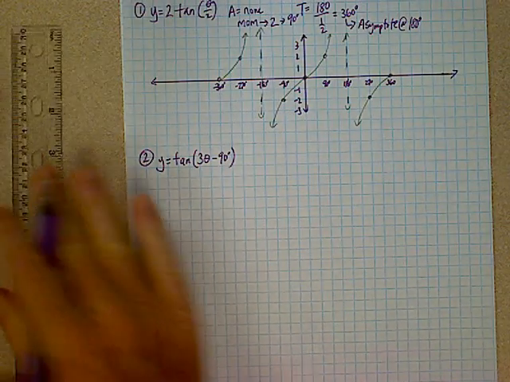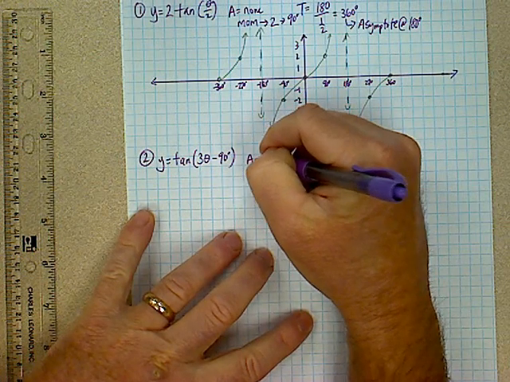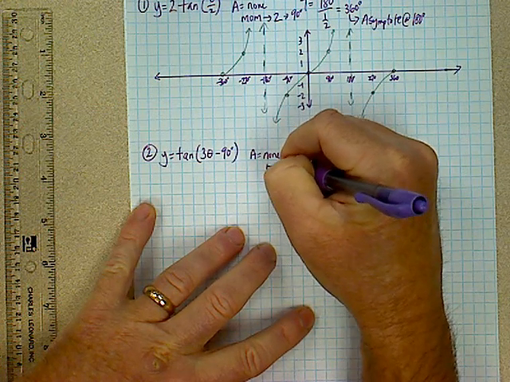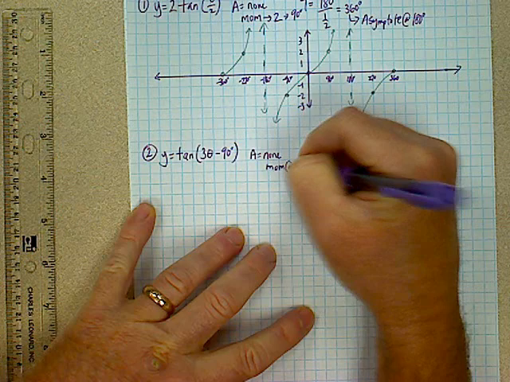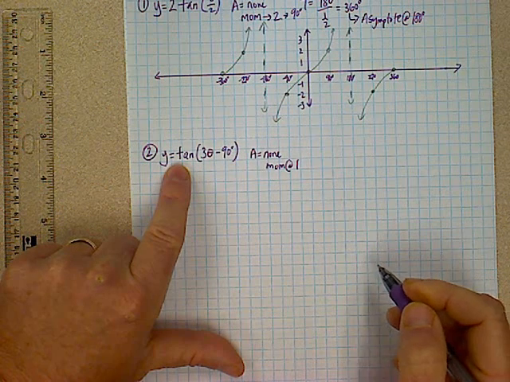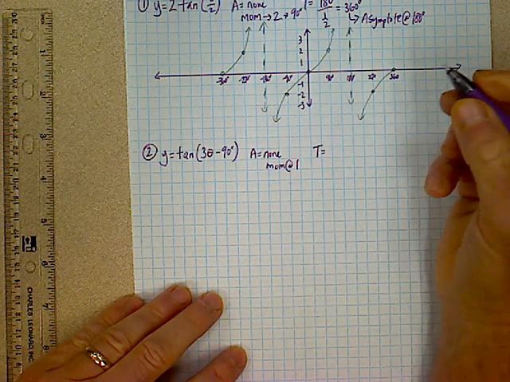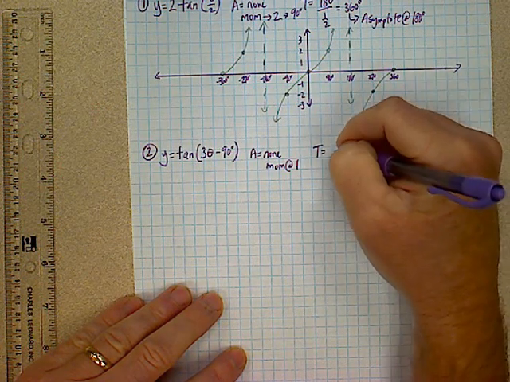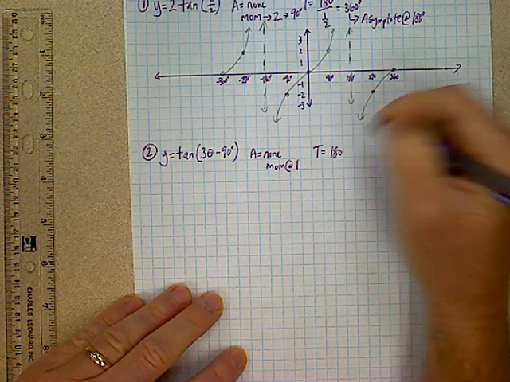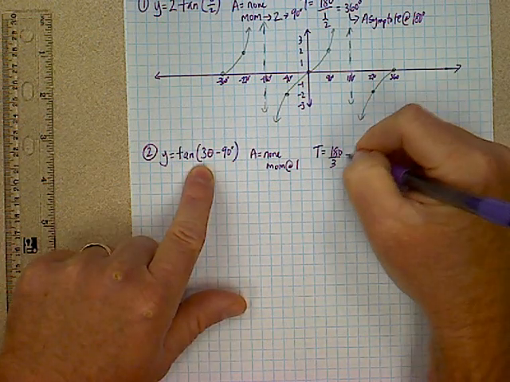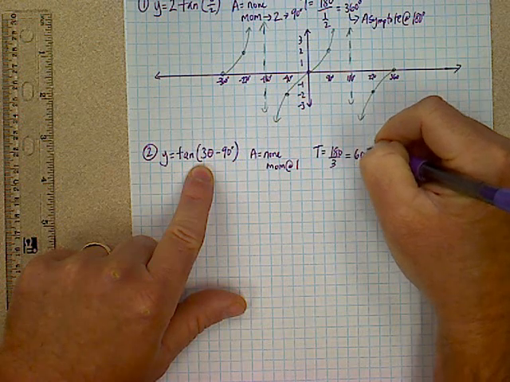All right, so your amplitude on number 2 is none again, but we'll be thinking about the middle of the middle. The middle of the middle will happen at 1. We don't know the angle yet. We'll get that in just a second. The period is going to be 180 for tangent, but you'll divide it by 3 here, the number in front of the angle. 180 divided by 3 is 60.